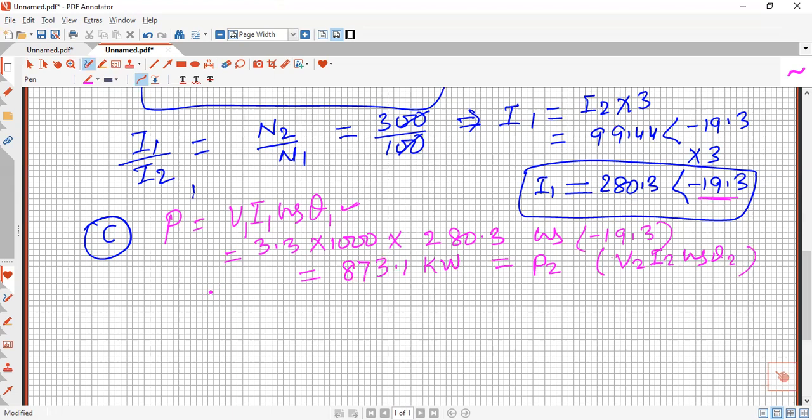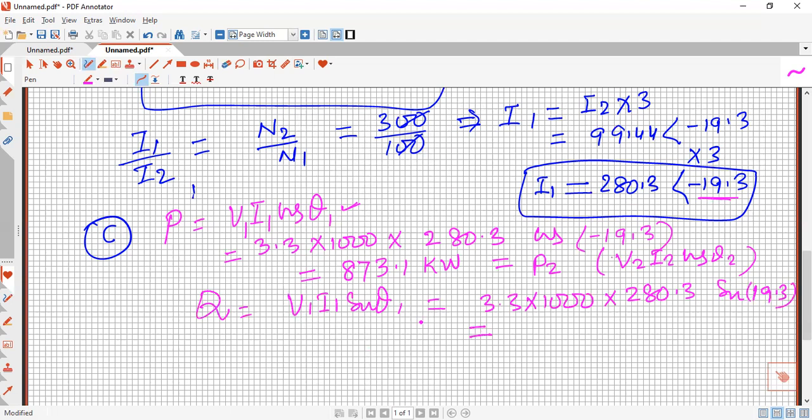Now reactive power. Reactive power, which is called Q, will be equal to V1 I1 sine theta 1. So putting the value, V1 is 3.3 into 1000, I1 is 280.3, and sine of the angle between voltage and current. Just take its magnitude.